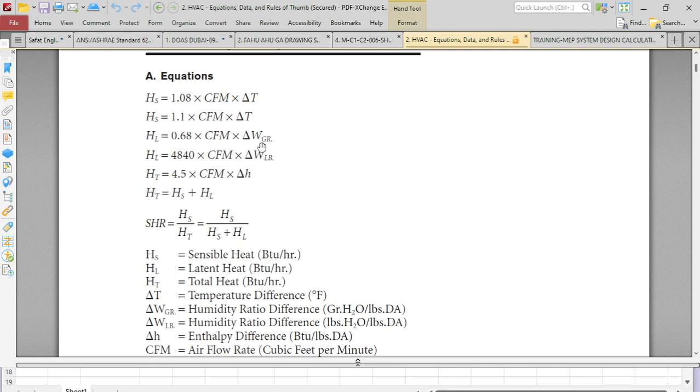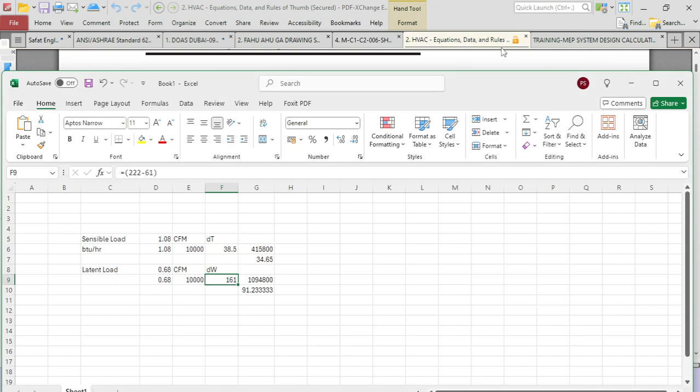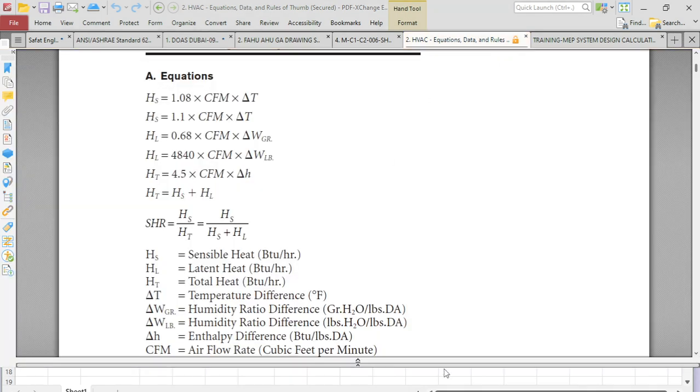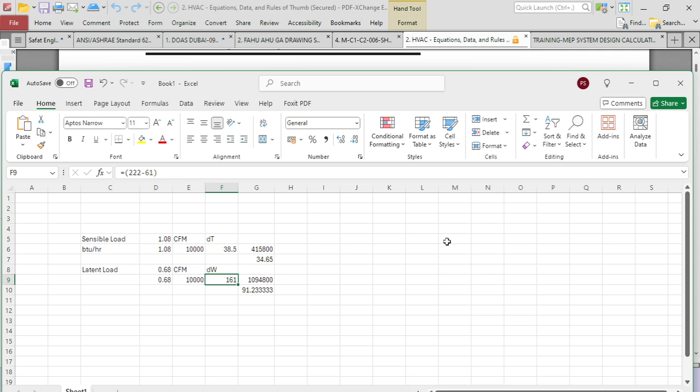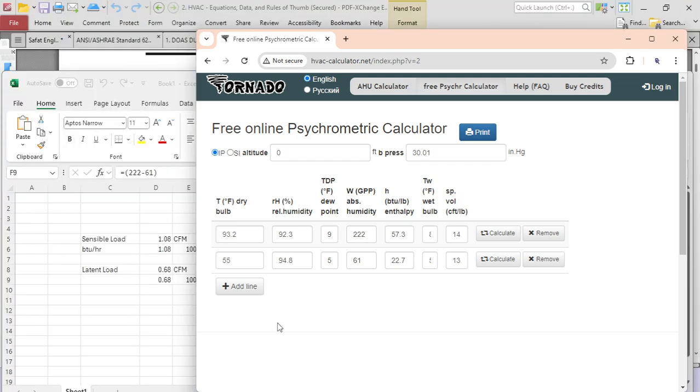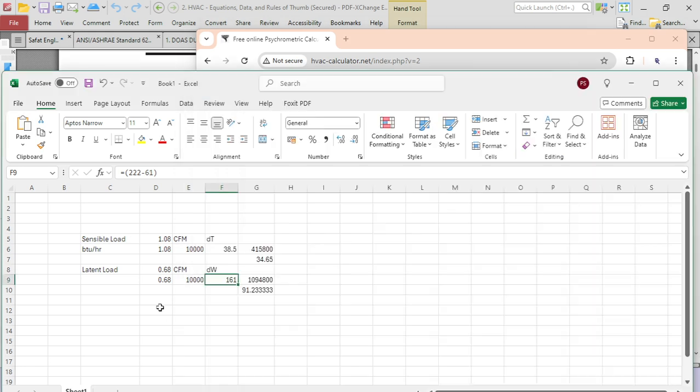Can you go back to this psychrometric calculation? I think you put SI readings. Wait 1 minute. No, it's IP only, right? It is IP only. This is the difference. Okay, anyway, we will see now.